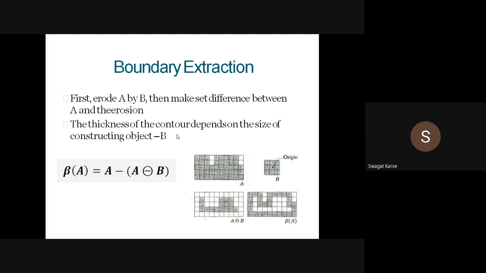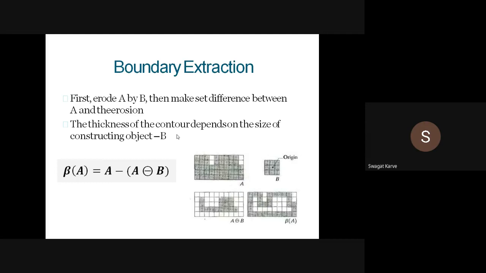The first step is A erosion B. After erosion you will get a diagram like this, that is A erosion B, and again that A erosion B you have to subtract from A, and finally that beta A is the output of the boundary extraction.